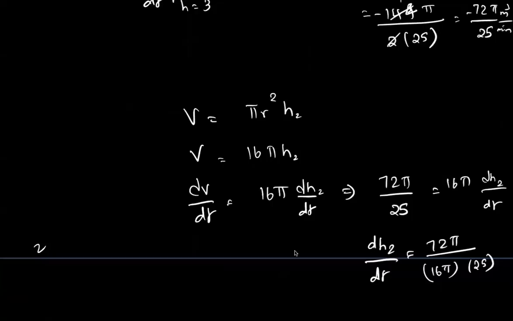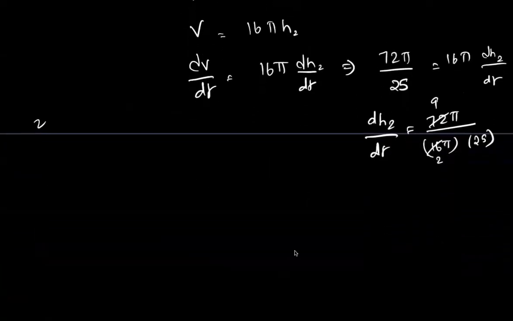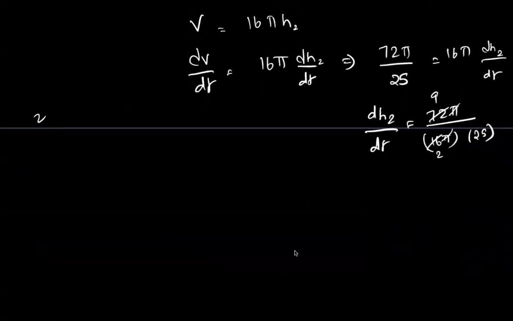This goes into 8, 9 times, and this is 2 times. The pi and the pi cancel. So we have 9 over 50 meters per minute as the rate at which the water level is increasing in the cylindrical tank when the height of the conical tank is 3 meters.